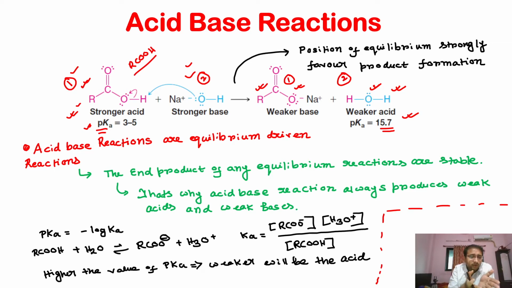And as acid-base reactions are equilibrium driven, the end product should always be stable, which means the end product will always have weaker basicity or weaker acidity compared to the initial reactants. I hope you now understand why in any acid-base reaction the end products are always a weaker base and a weaker acid compared to the initial ones.